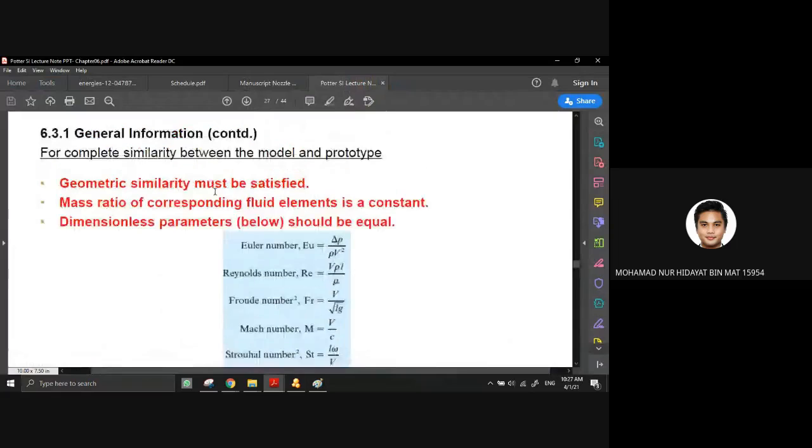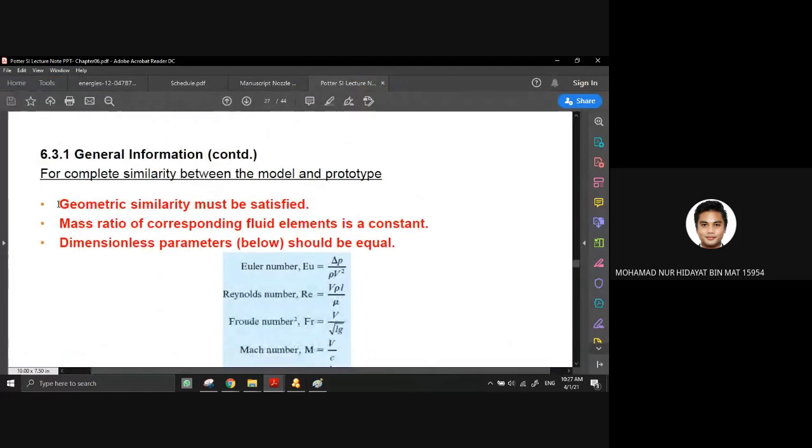Okay, in order to ensure similarity, there are 3 things. The geometric similarity, that I explained previously. Geometric means the linear dimension ratio is constant, for example, Lm over L prototype is constant.